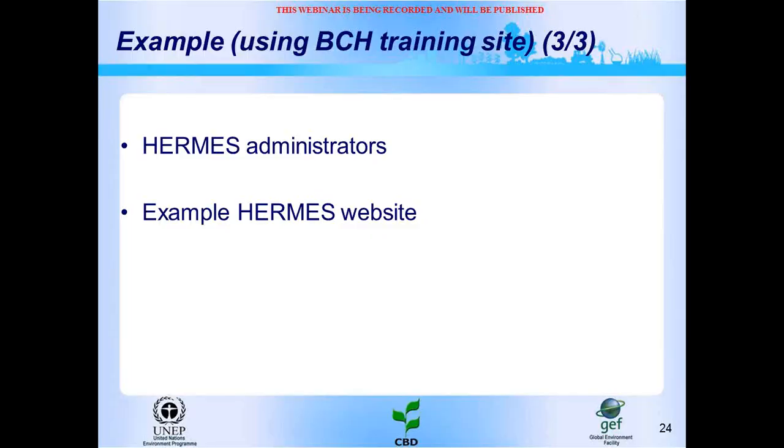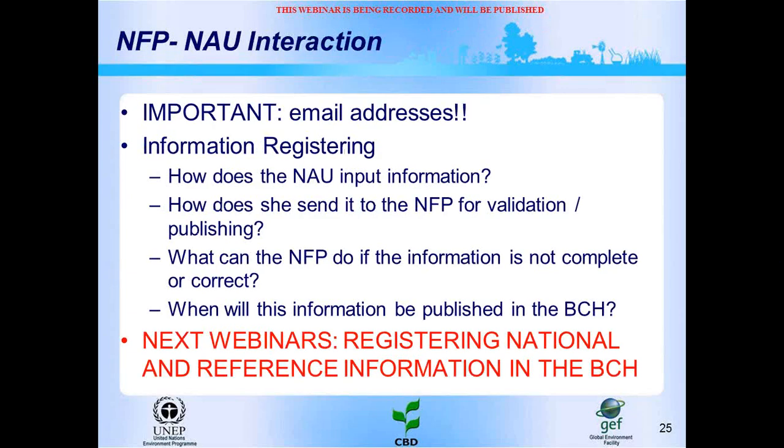Okay, so some important things about the interaction between the national focal point and the national authorized users. First of all, remember again that the email address that you use to register yourself as a focal point and the one for the national authorized users is very important for this system to function smoothly, because all the communication will be sent to those addresses.